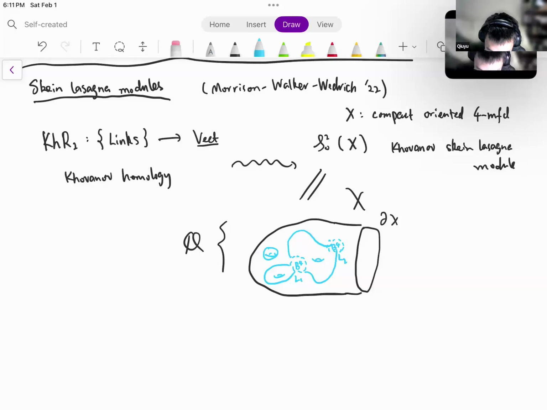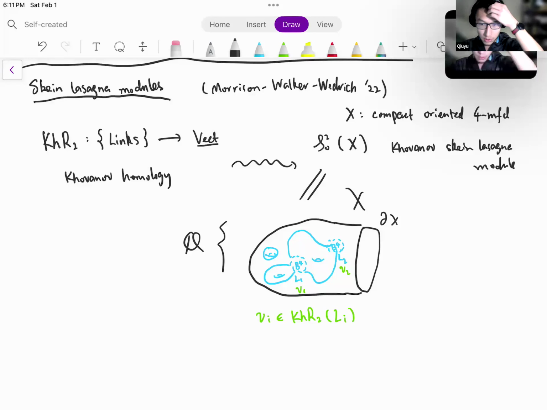So we get a bunch of links L1, L2, etc. And those links come with some extra decoration, V1, V2, etc., where Vi is a label, an element in the Khovanov homology of my link. So I take all formal pictures like this of the formal skeins coming with Khovanov decorations. This seems a crazy thing to consider.